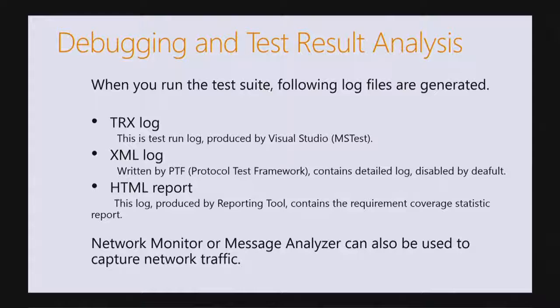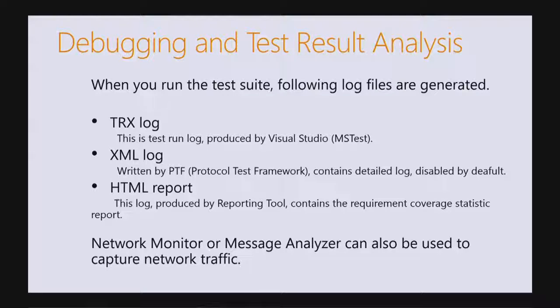Debugging and test results. When you run the test, it generates multiple log files and reports. The first one is the TRX log. Basically, it's within Visual Studio. I have a sample after this. It tells you what the result is in detail. There's also an XML log that's written by the protocol test framework.